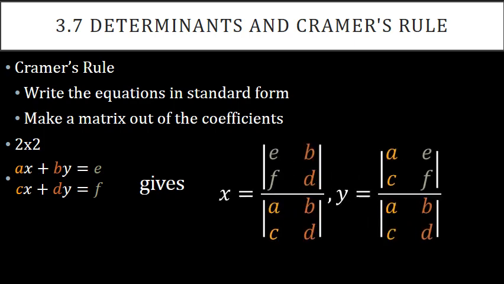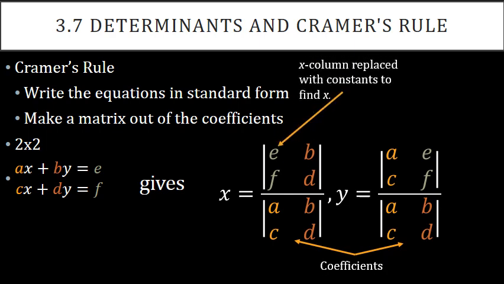Notice the A, B, C, and D are the bottoms. The tops, the numerators, for the x column is replaced by the constants, the E and the F. For the y, the column is replaced with the constants.